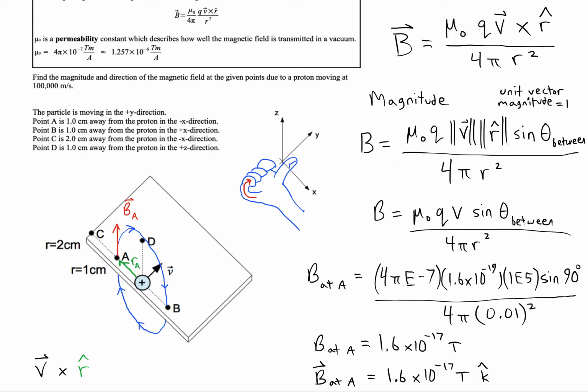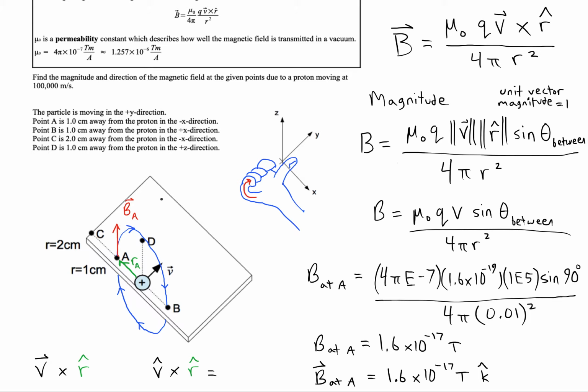And r hat, of course, points in the same direction as r. Now the right-hand cross product rule, when used on these two directions, will give us a new direction, and we want to figure out what that direction is.